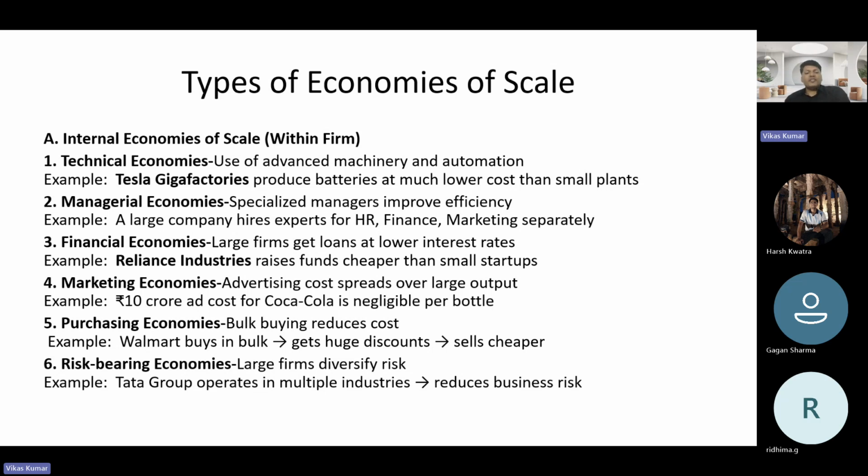Likewise, Amazon has diversified into multiple domains, from supply chain and logistics management to e-commerce, space, and Amazon Web Services. Likewise, companies like Reliance. In the last 10-15 years, they have diversified into unrelated sectors, because once upon a time Reliance was only a petrochemical company.